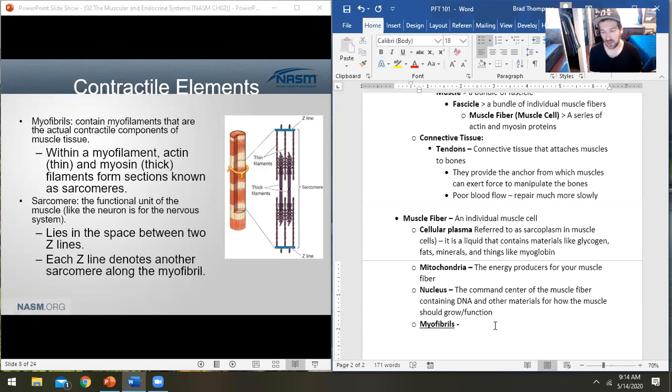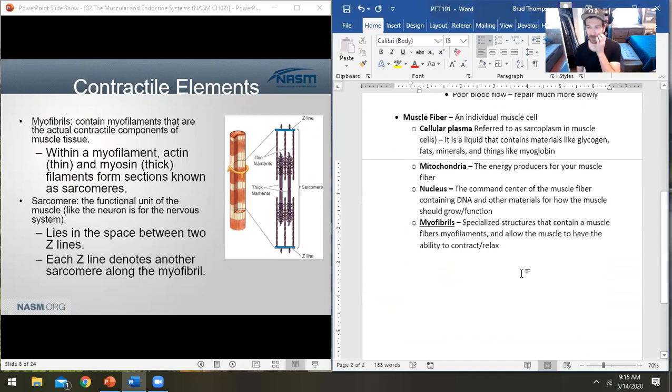So these are specialized structures that contain a muscle fiber's myofilaments and allow the muscle to have the ability to contract or relax, right?